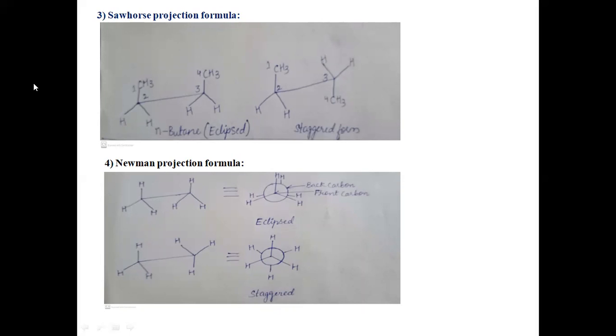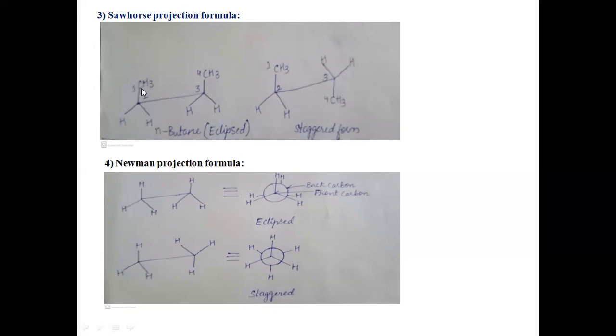We are getting information regarding the groups or substituents which are attached to the two adjacent chiral or achiral carbon atoms. See here in the diagram, you can understand this. This one is the first carbon atom and this one is the second carbon atom. It can be an achiral carbon atom.